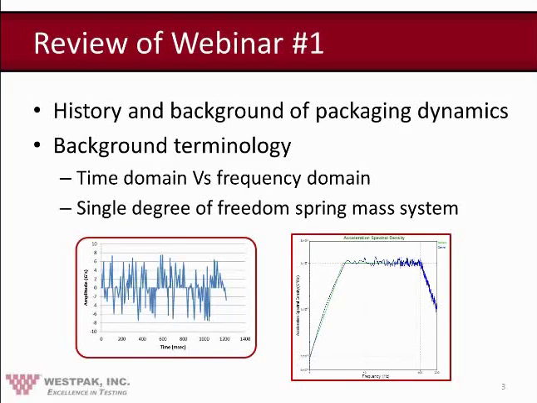The frequency domain is the inverse of the time domain and often displays amplitude or excitation level as a function of frequency. We call this frequency domain a spectrum. You can see examples of both time domain and frequency domain data on slide number 3 that's currently showing. Edmund?